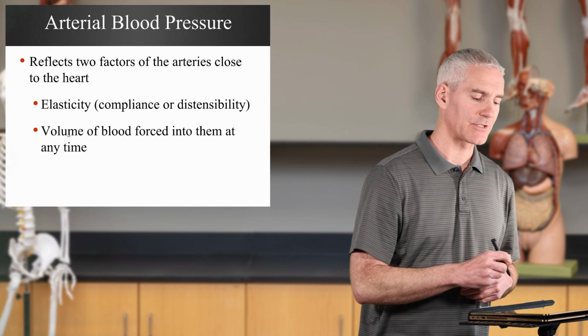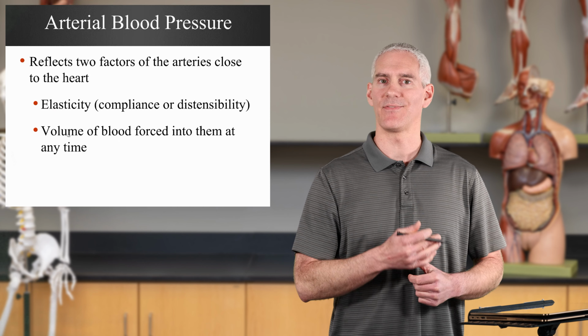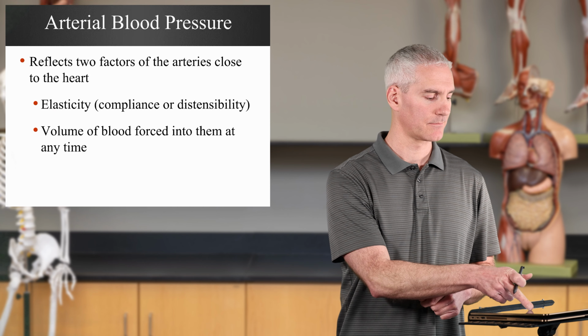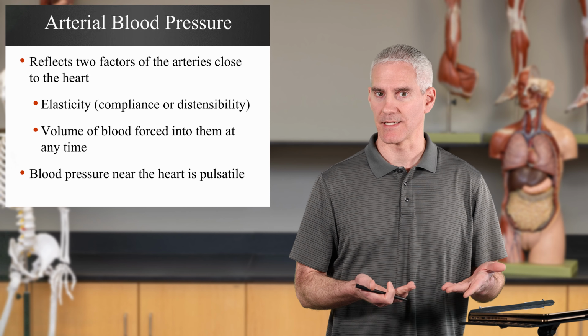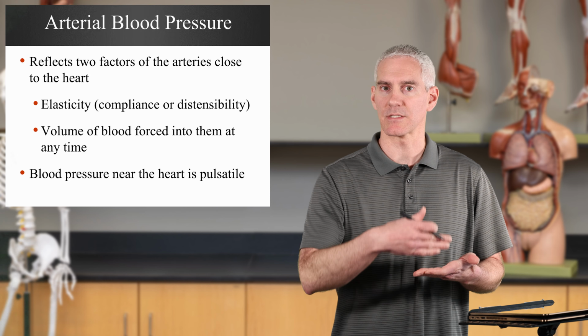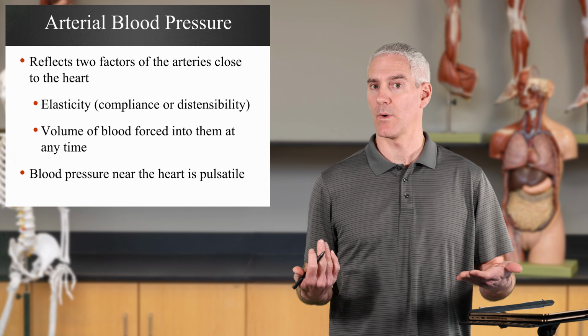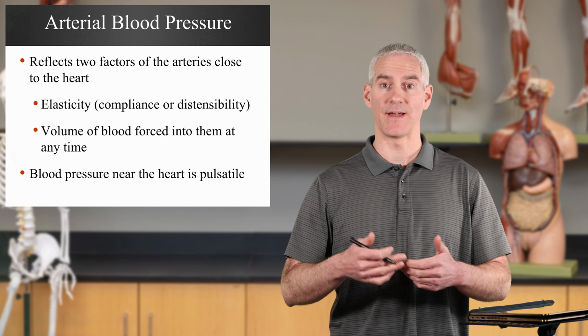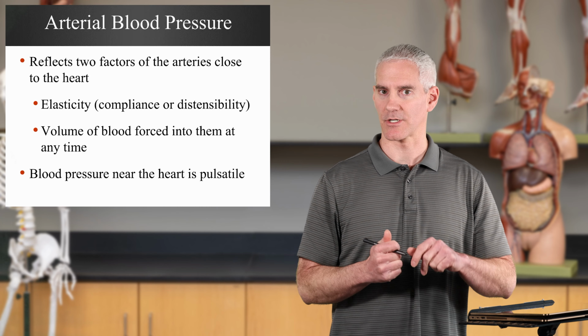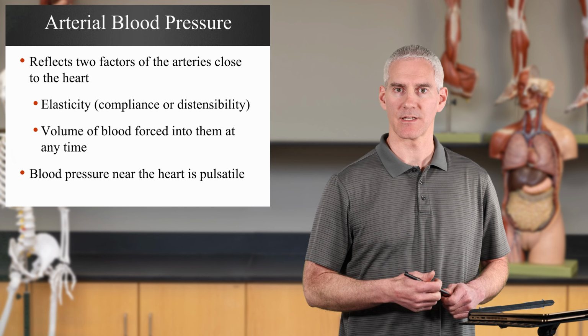So these two factors help together to build that arterial blood pressure. Now, I've already mentioned close to the heart is pulsate because you have that pulse of the heartbeat. But further away, arterioles, capillaries, venules, veins, it's one steady pressure. You don't have that pulse from the heart anymore.